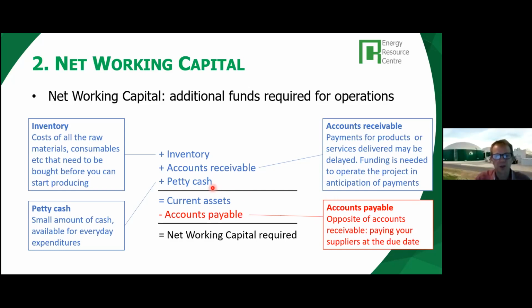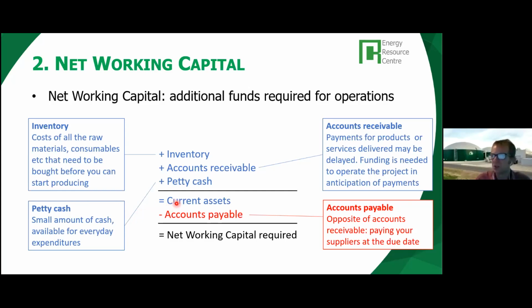And the fourth element in working capital is the need for having petty cash. Let's say small amounts of cash that you need to make small purchases, so that the operator doesn't pay from his own pocket to be reimbursed later, but just has a small cash register where some cash can be taken from if small purchases have to be made.